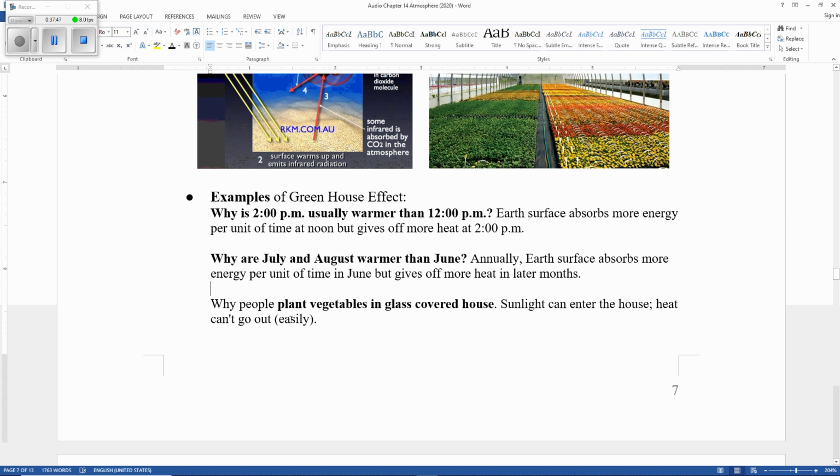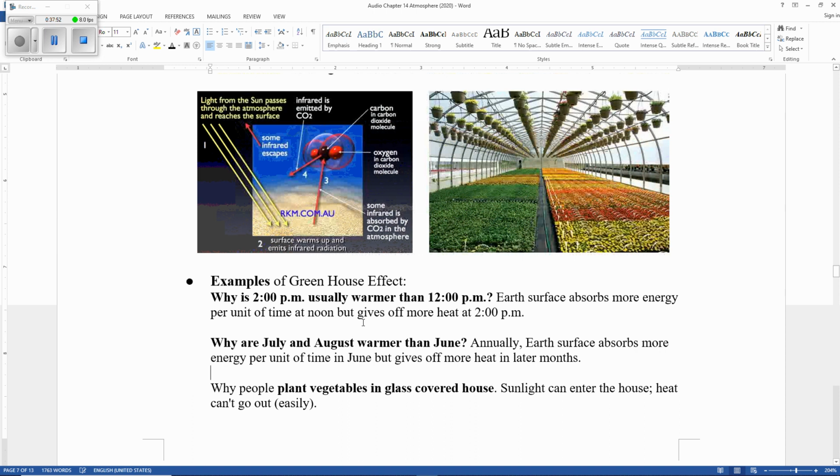Then here are the applications, what we just call a greenhouse. In different seasons, especially winter, you can plant vegetables like cucumbers, tomatoes, and flowers inside a greenhouse.